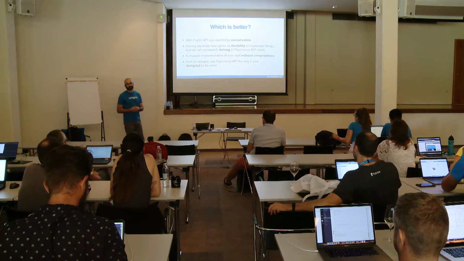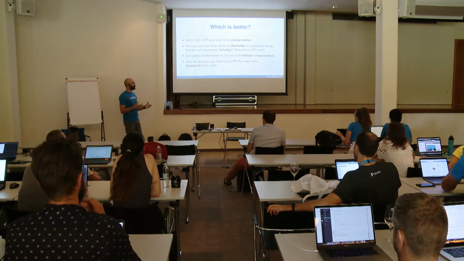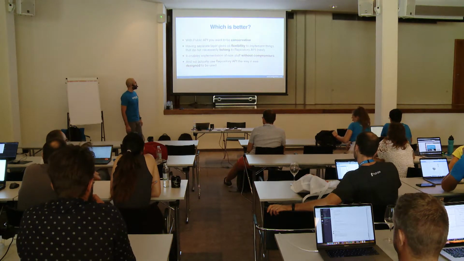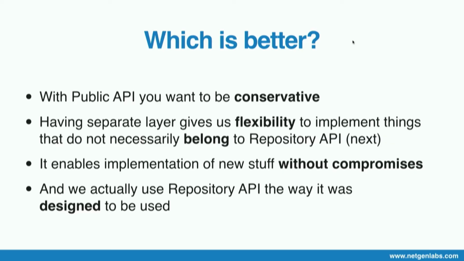Doing it there brings a way of doing things with itself, and also limits what you can do with it. And having a separate layer gives you flexibility to implement things that do not necessarily even belong in the repository API. So why would you add fetching relations directly from the content object?